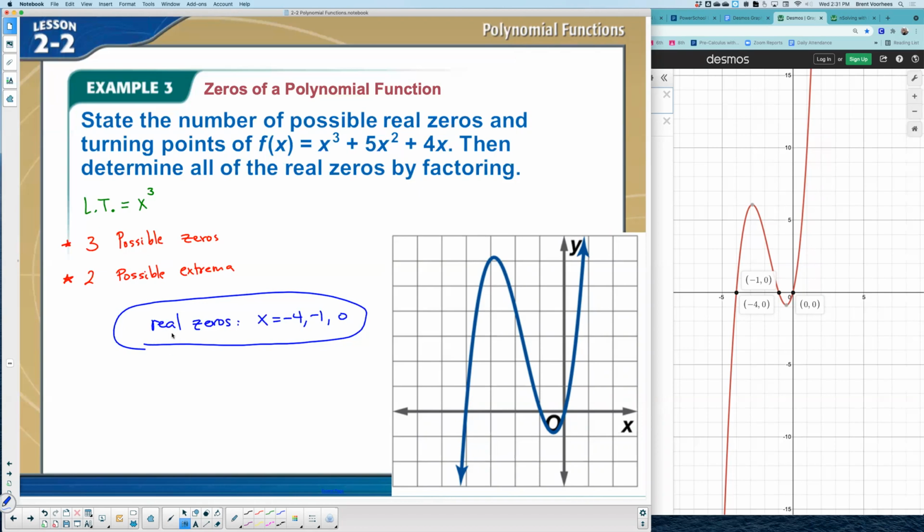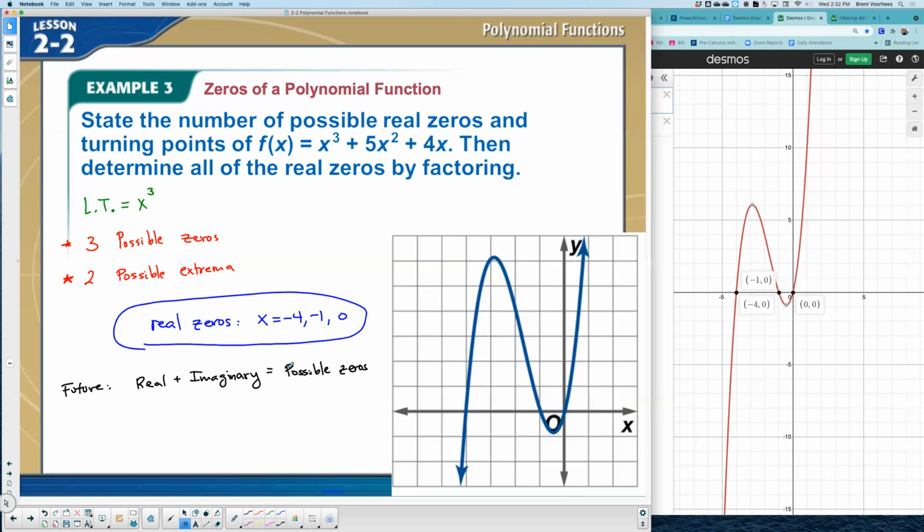Future note. In coming days, we will learn about imaginary zeros. The real plus the imaginary will always add up to equal possible. So let me write that out. The real zeros plus the imaginary zeros, which we haven't got to yet, but it's coming, will equal the possible zeros.